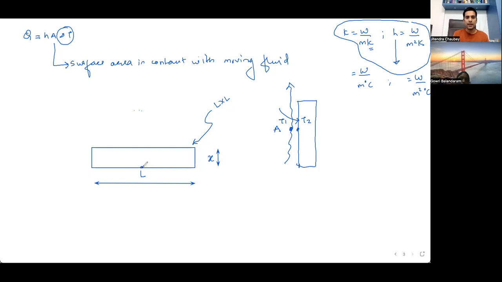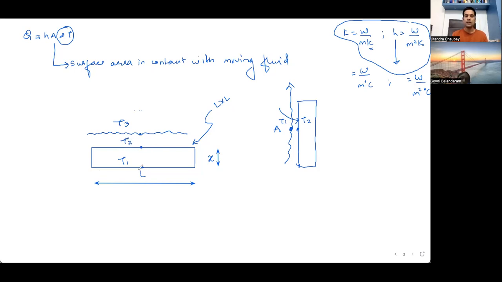The bottom of the plate is at a higher temperature T1. Then there is some fluid above the surface, which is at some temperature T3. And the top surface of the plate is at temperature T2.